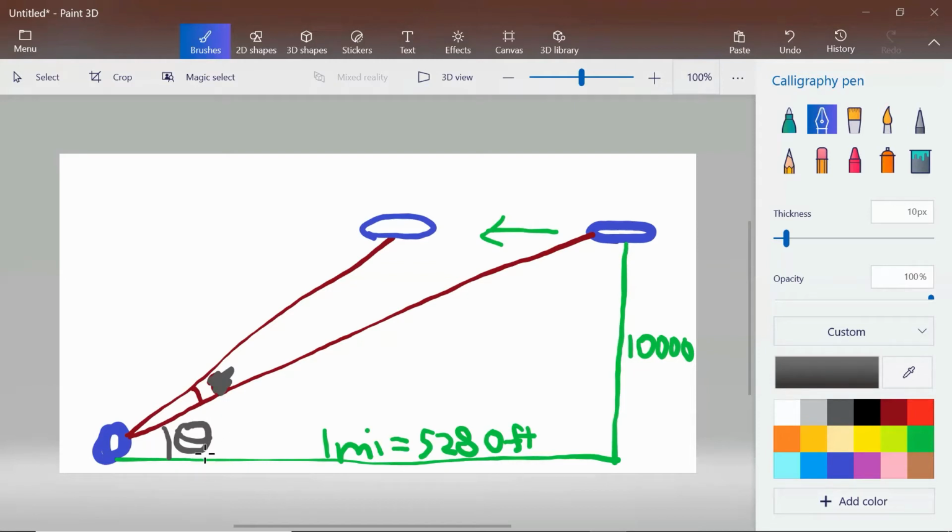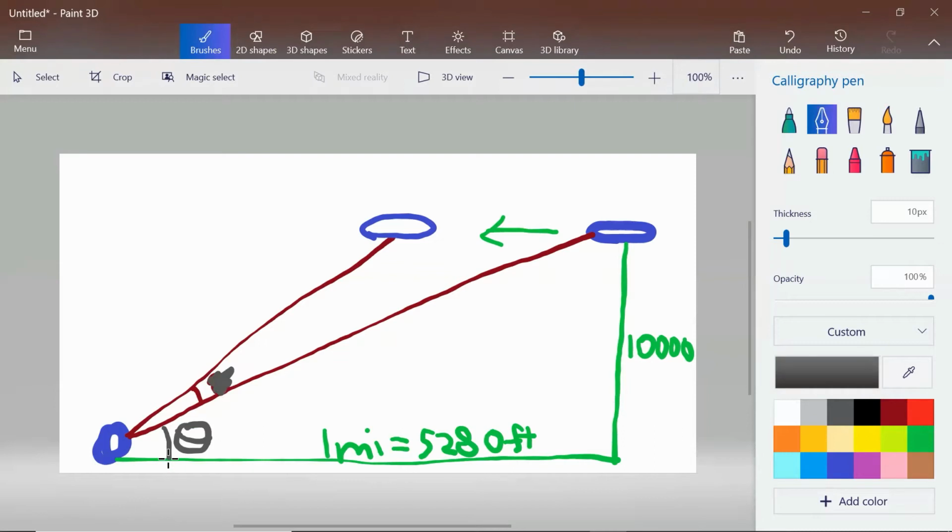In order to get a formula that relates this gray angle to the elevation of the plane and to the distance across, we need to go back to trig.